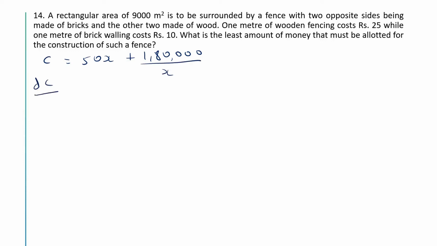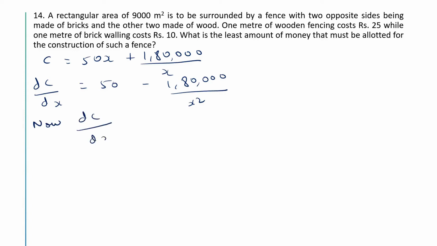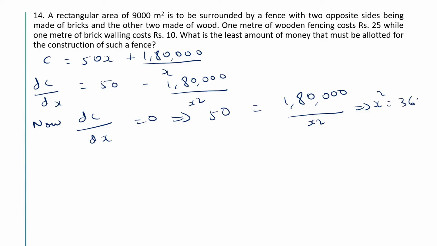So let us differentiate this with respect to x. We get 50 minus 1,80,000 divided by x square. Now dc by dx equal to 0 implies 50 equal to 1,80,000 by x square, or we get x square equal to 1,80,000 divided by 50, it is 3,600.